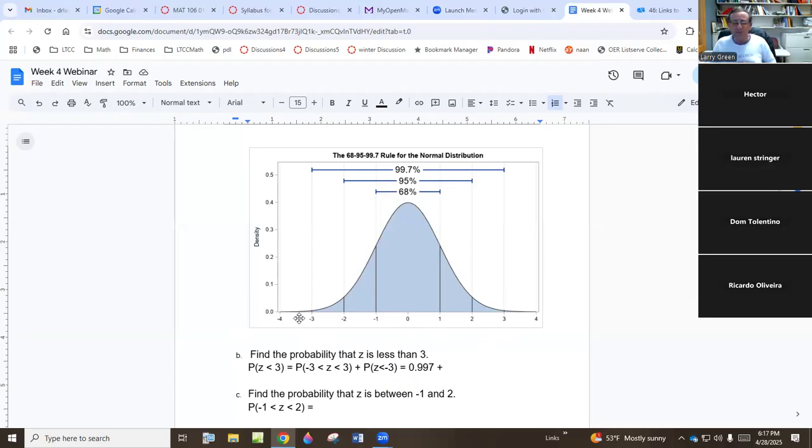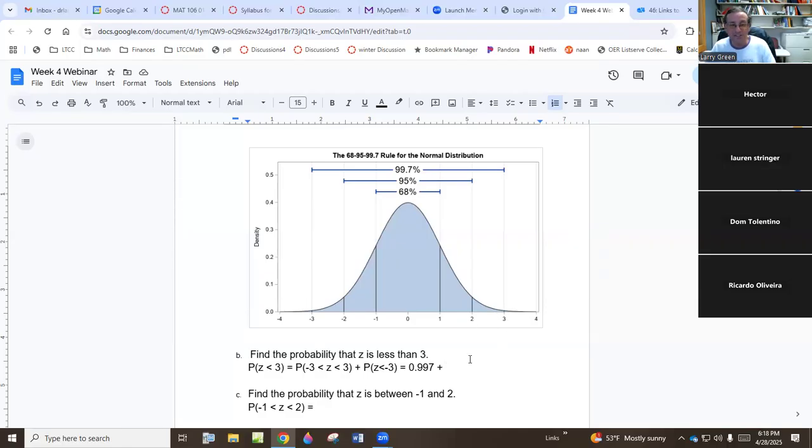But one of the great things about the normal distribution is it has symmetry. So the outside left and the outside right, those have the same probabilities. They have the same area. Is that clear? Being less than -3 and being greater than 3 have the same probability. If you add those two up, then you get a probability. But if you take the whole thing and you remove the -3 to 3, that gives you the left and the right.